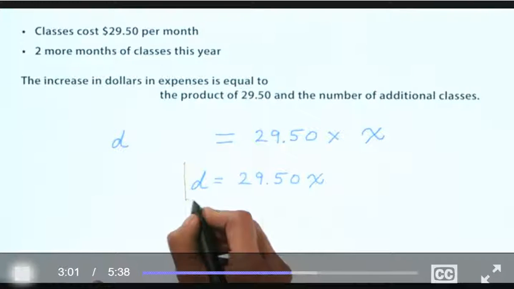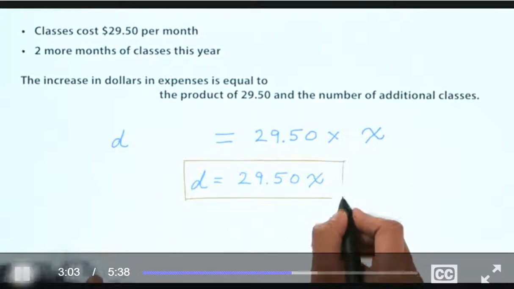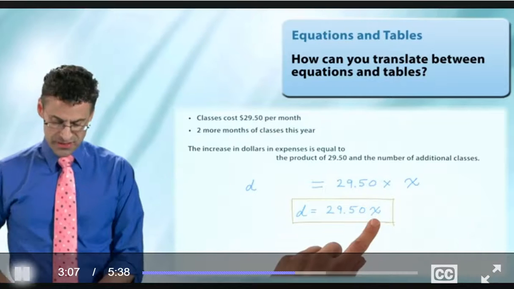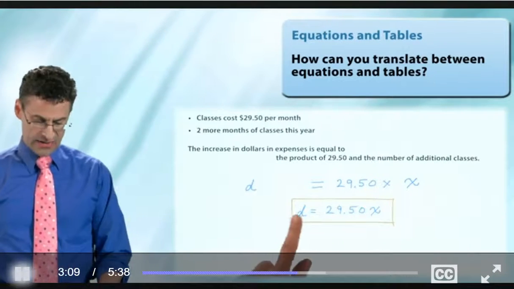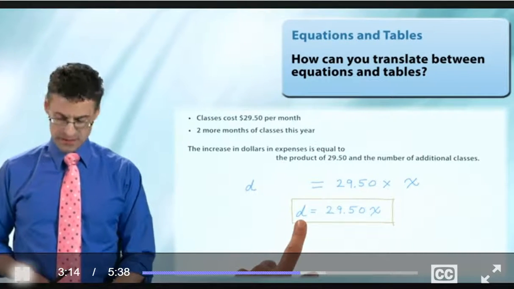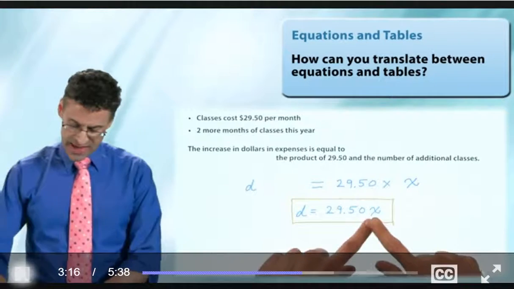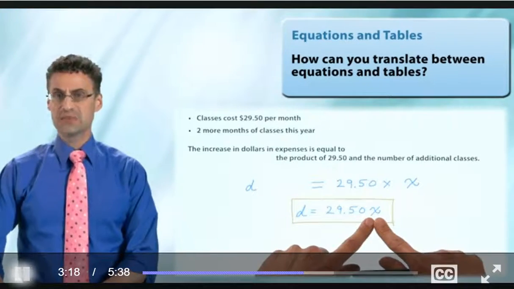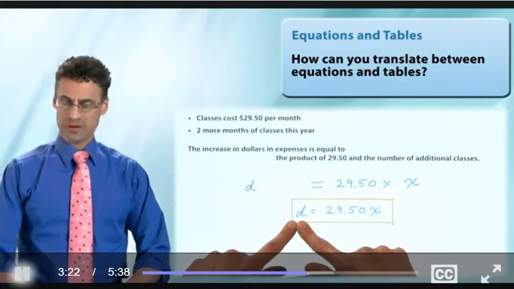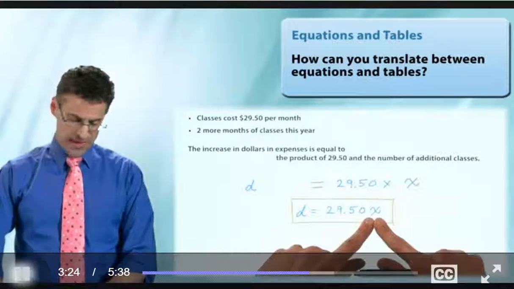And that actually is a general equation. So once I know X, which is the number of months, then I can plug that in and determine the increase in dollars to be spent. In this example, the X is the independent variable and the D is the dependent variable, meaning that the X could be anything, right?